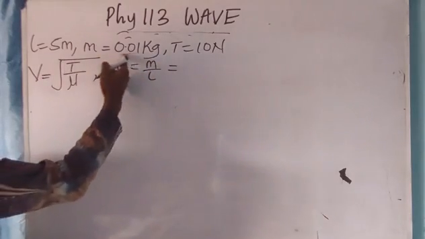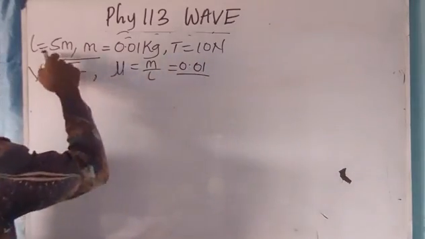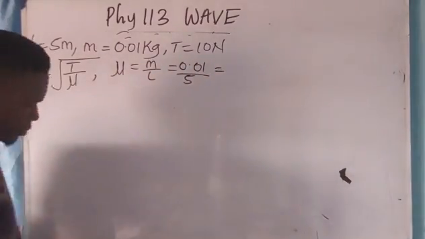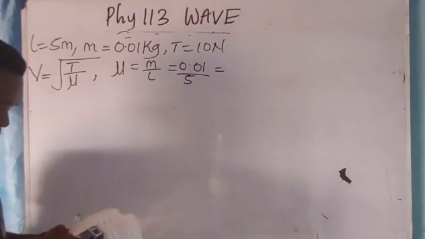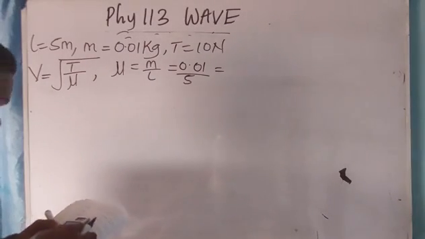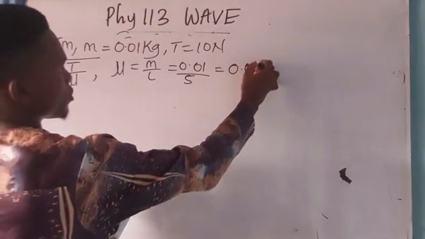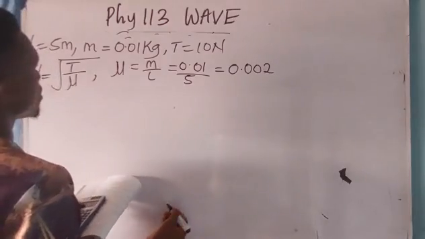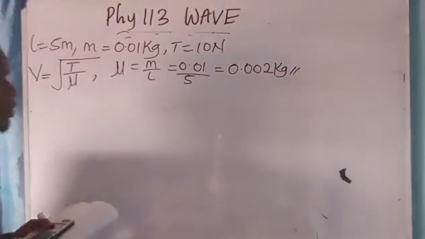Mass is 0.01, then the length is 5. So you say 0.01 divided by 5 equals 0.002 kilogram per meter, okay?